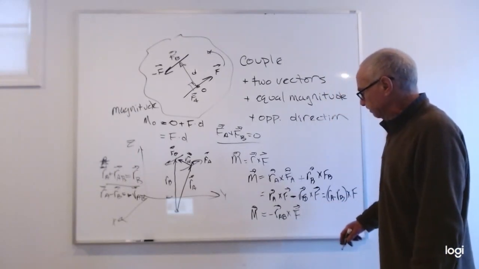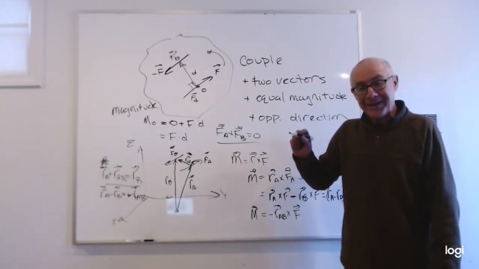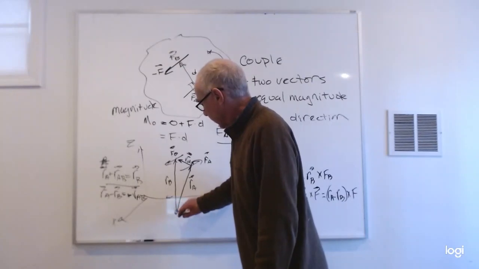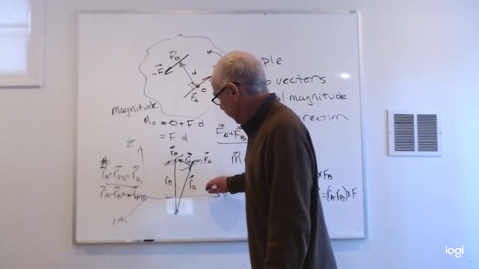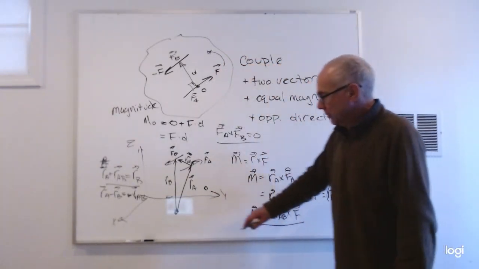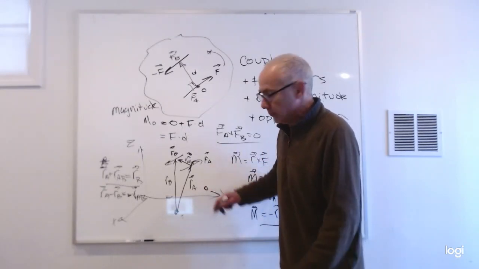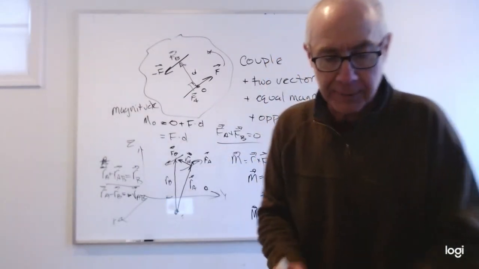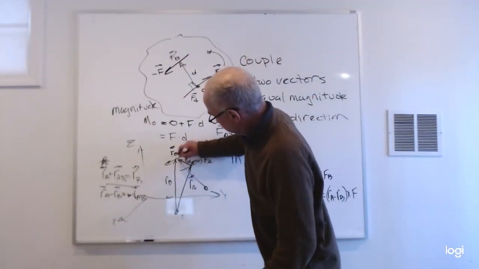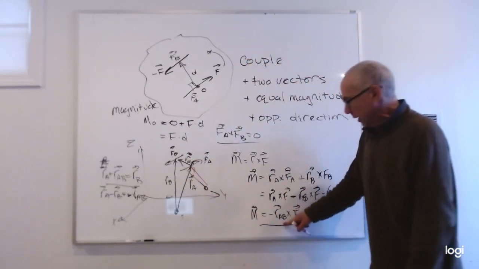And the interesting thing about this is I did not define this point right here. I could have done the same thing from some other point, right? The result has nothing to do with the original point that we're evaluating the moment at. If we had evaluated the moment from this point, and I had drawn all these position vectors, like from here to here and here to here, you end up with the same RAB, which is like here.